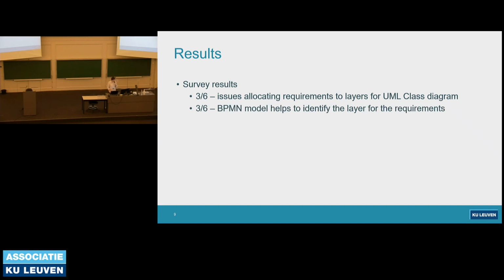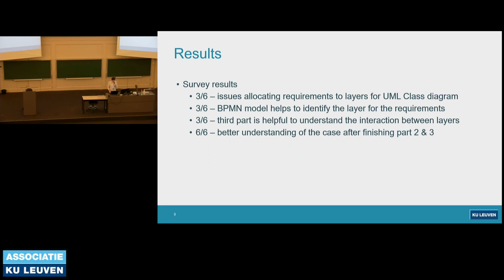And then 3 students indicated that creating the BPMN model helped them to identify the correct layers for the requirements. 3 out of 6 also indicated that the third part, so explaining the connections, was helpful to understand the interaction between the layers. And I think 2 of them went into detail saying that thinking out loud about these connections actually made them understand them better.